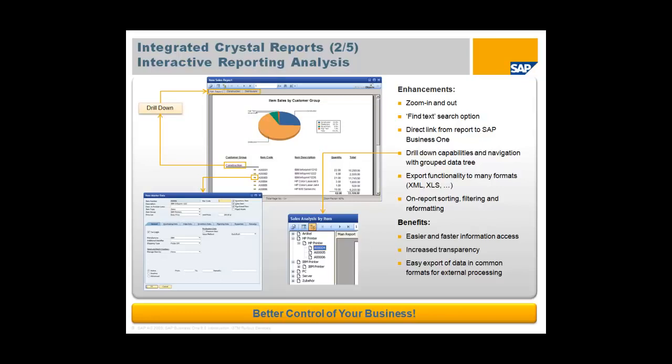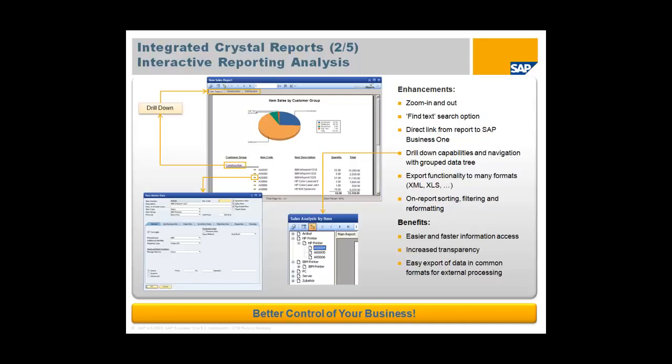So when you're in a report and you have information inside that report you're looking at, you'll be familiar with the concept of our golden arrows inside SAP Business One, which give you the ability to drill down to the underlying information. That functionality is also incorporated now into Crystal Reports, so you can drill down from your Crystal Reports directly into the relevant screens in SAP Business One and drill down directly into that data.